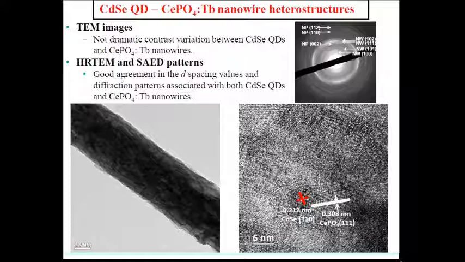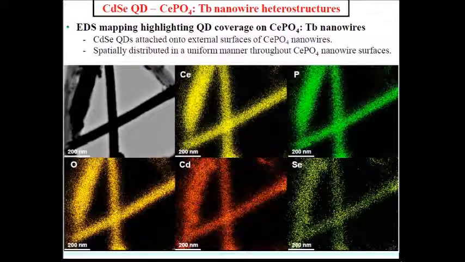And so just to prove that the quantum dots are localized on my cerium phosphate, EDS mapping shows that cerium, phosphorus, oxygen, cadmium, selenium, all the signals are localized onto one particular architectural motif. They're all coincident. They're all coinciding onto one structure, as you can basically see here.